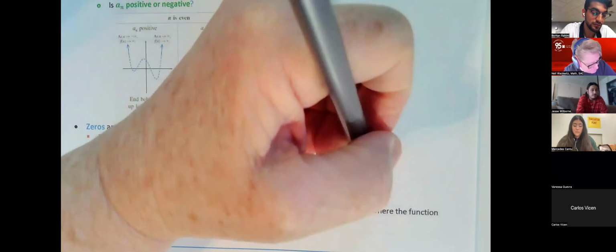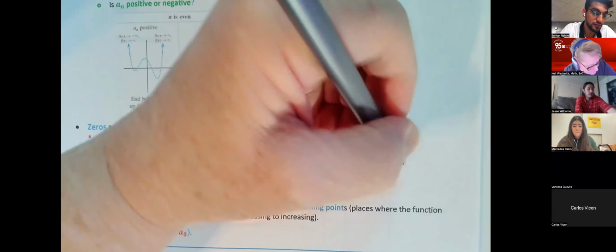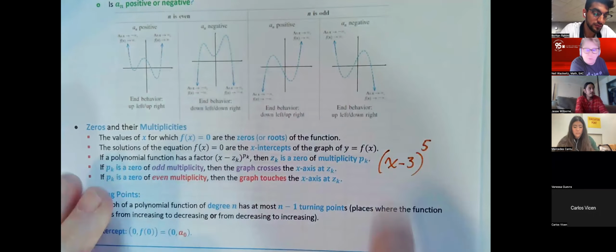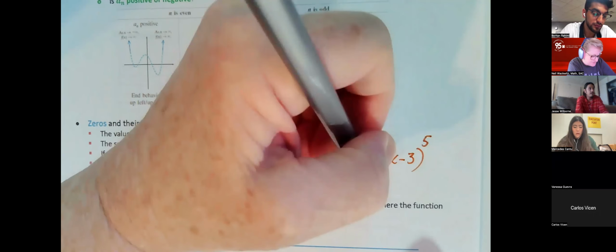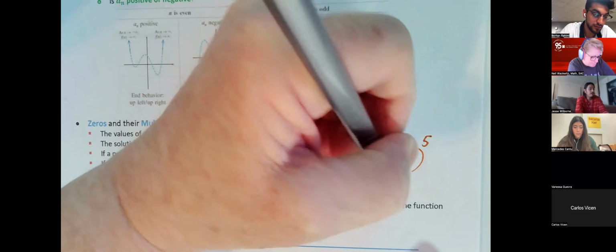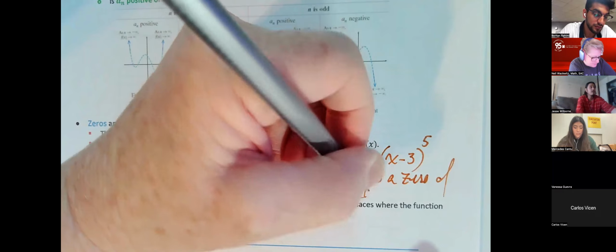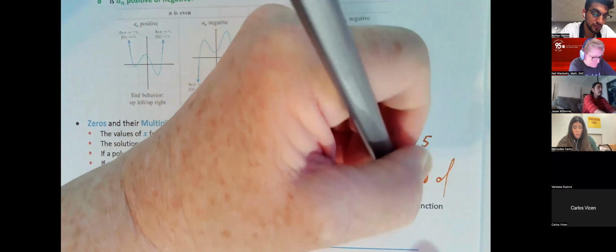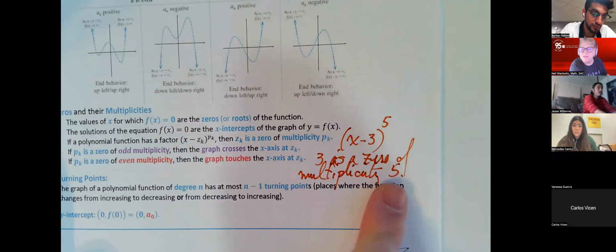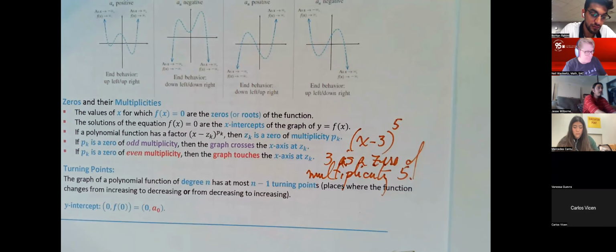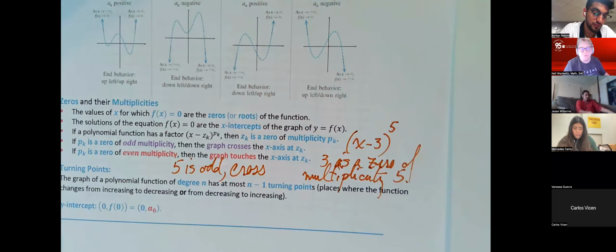So in other words, 3 would be a zero of multiplicity 5. Since 5 is odd, the graph will cross at the point (0, 3).